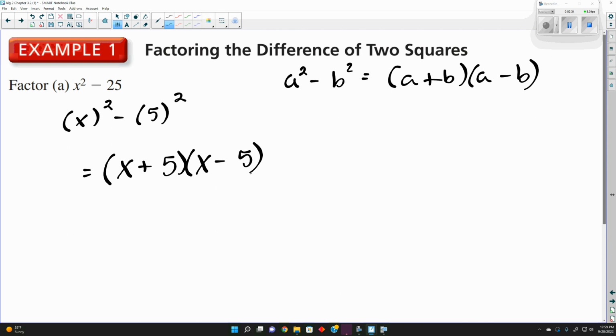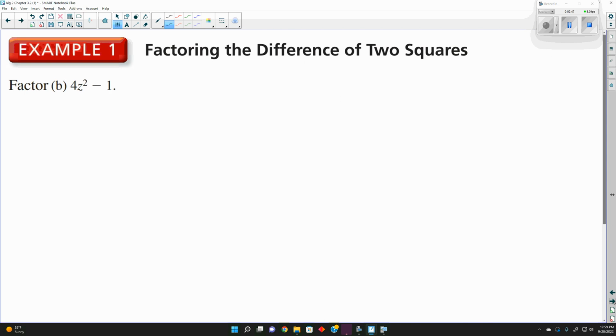Any questions on this here? Let's look at the next one. 4z squared minus 1. Well, what times itself is 4z squared? 2z, because 2z times 2z is 4z squared.